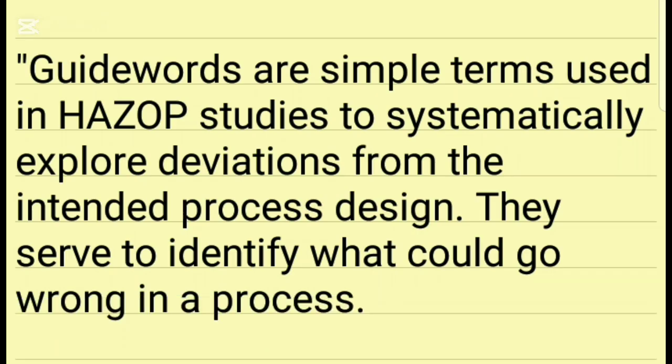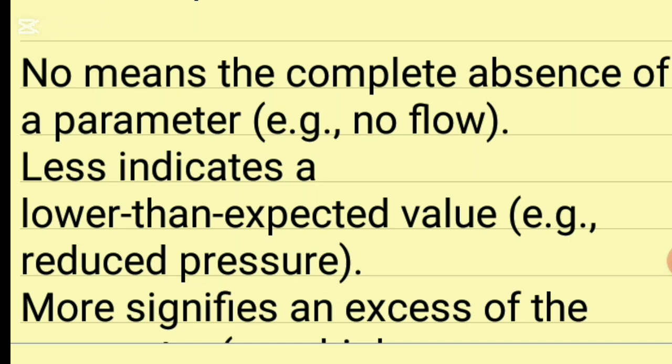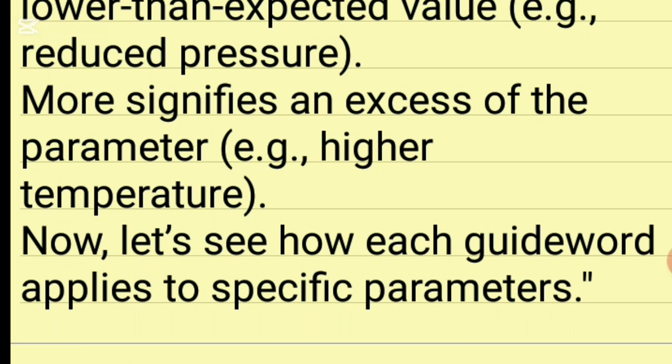Guide words are simple terms used in HAZOP studies to systematically explore deviations from intended process design. They serve to identify what could go wrong in a process. For example, no means the complete absence of a parameter. No flow means there is no flow in the system. Less indicates a lower than expected or design value.